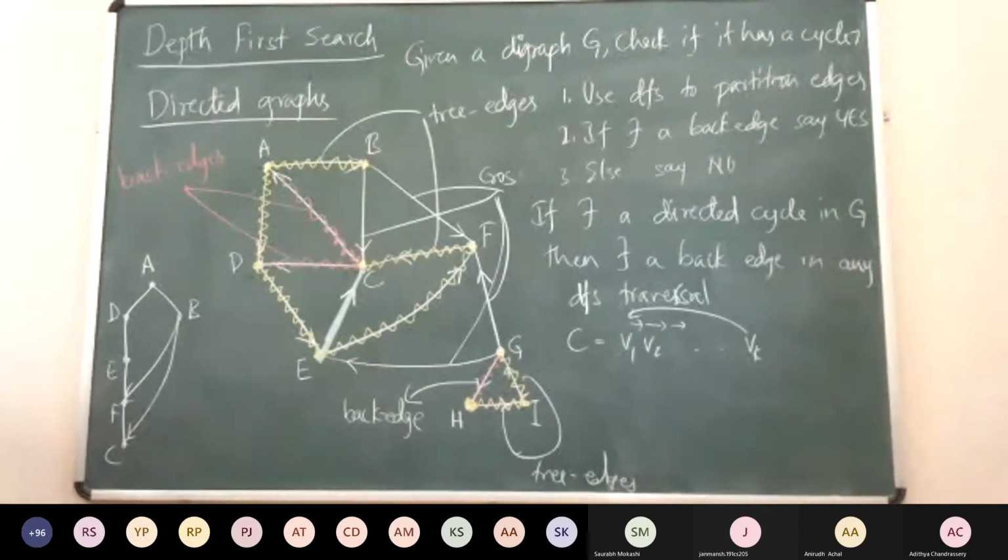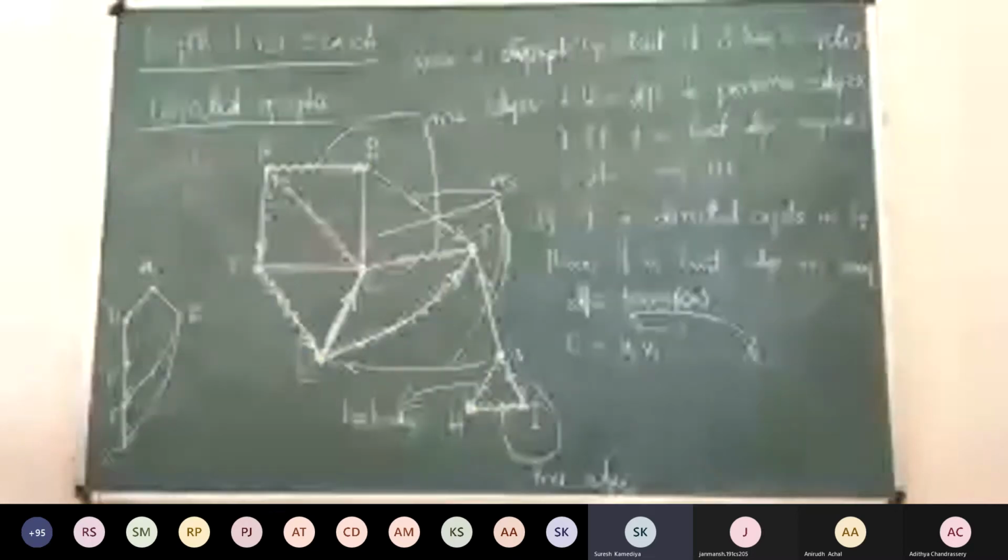Just like remove that edge Vk to V1. Then what can you say about other things? Can you say anything about V1 to Vk? There is already a path. If you add the edge back, then there will be a cycle. Otherwise, it's not possible.